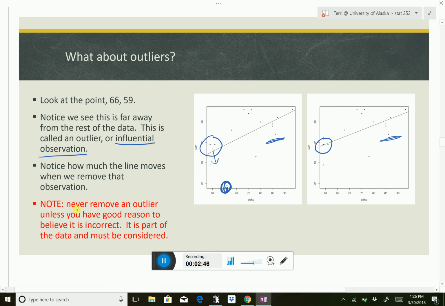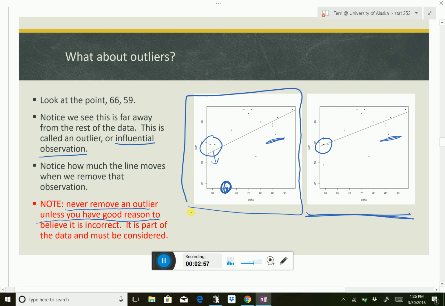Okay, so having that said, I removed it just to look at it. However, I didn't permanently remove it because I don't want to remove an outlier. I'm still going to keep all my data points. This is still going to be the one that I use, unless I have a good reason to believe it's not right. The fact of the matter is that someone did get that score, and that means something.